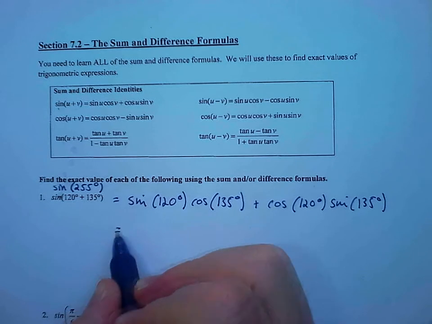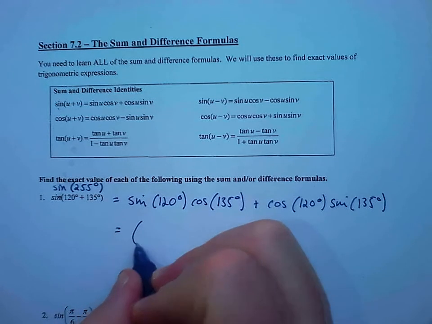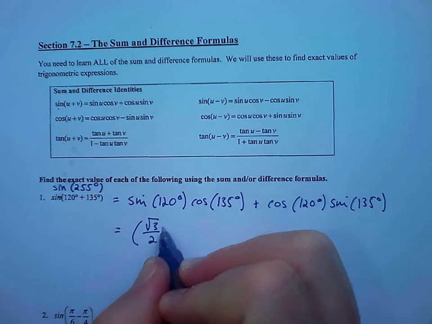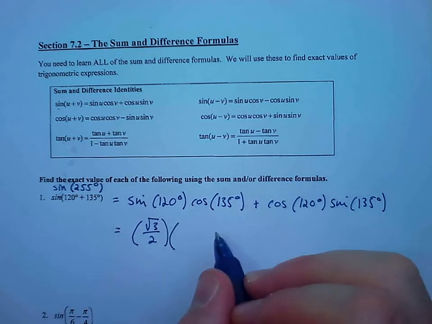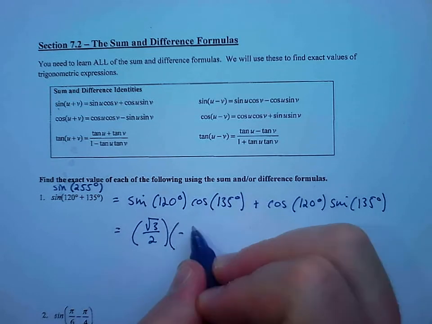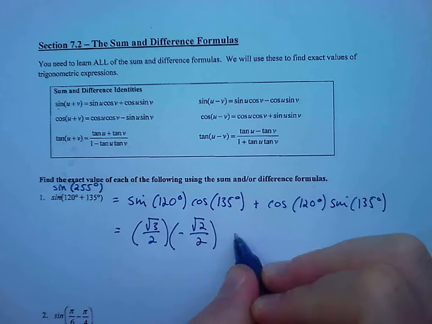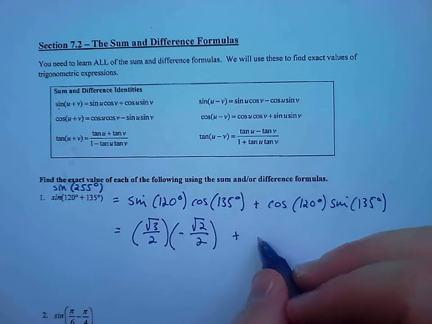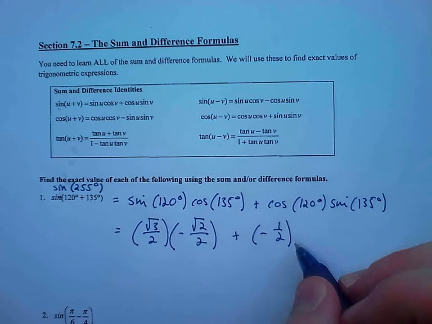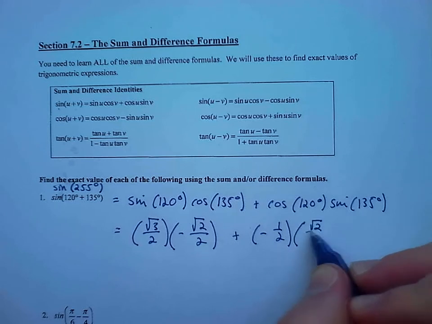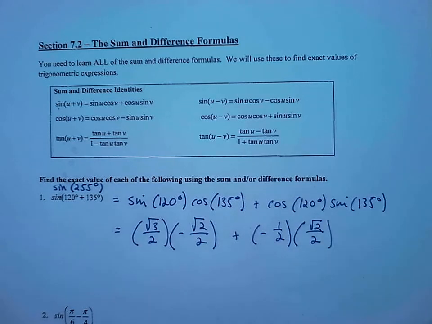Well, the sine of 120 degrees, this is now where the unit circle comes in handy. That's the square root of 3 over 2. Cosine of 135 degrees is negative square root of 2 over 2. Plus the cosine of 120 degrees is negative 1/2. And the sine of 135 degrees is the square root of 2 over 2. And now we get to something that's just a bunch of numbers. So this just comes down to arithmetic now.